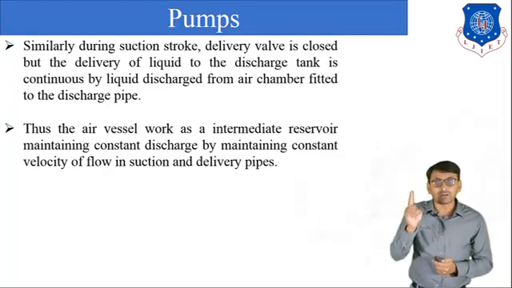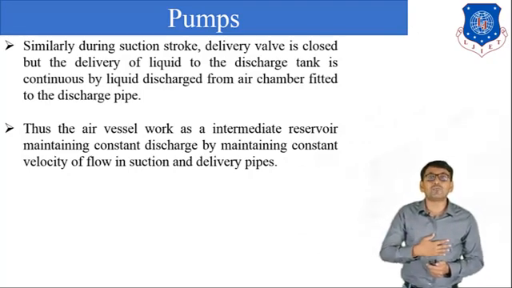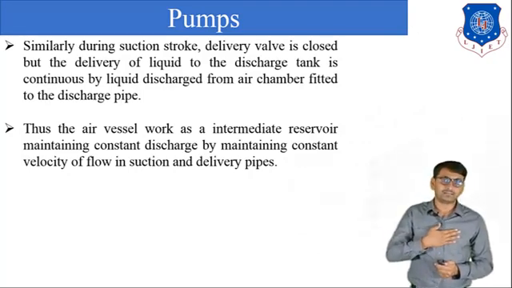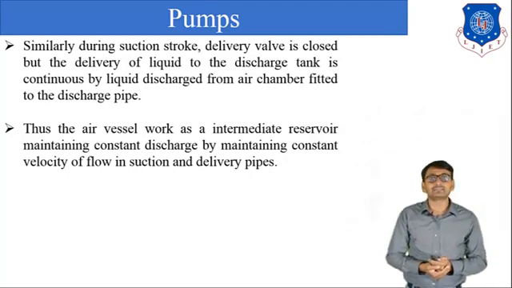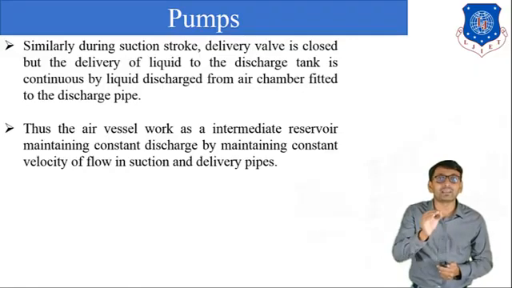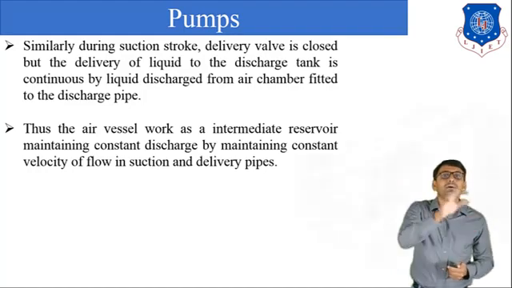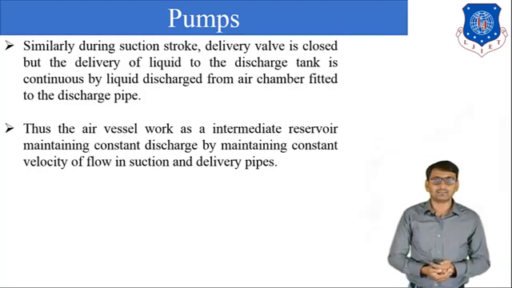So during the first stroke and second stroke, we obtain a continuous discharge of water. This is the function of the air vessel in the single acting reciprocating pump. We obtain a continuous supply of water from the pump to the particular application.